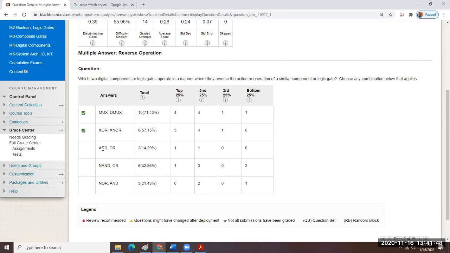Well, AND and OR are not reverses of each other. In terms of their behavior, they're opposites, where AND is more restrictive, but you still get true results from AND, and you still get false results from OR. Let's repeat that. So AND and NAND are reverses of each other. OR and NOR are reverses of each other.